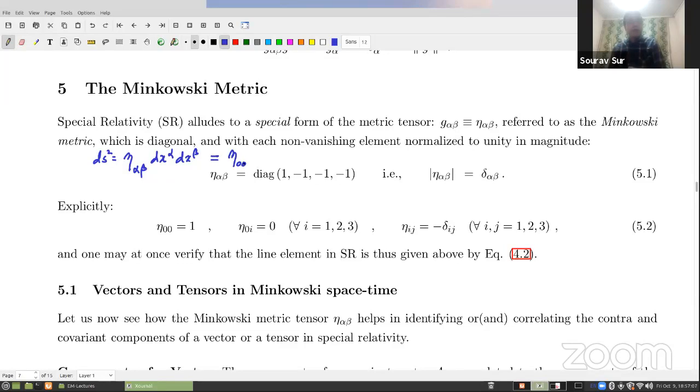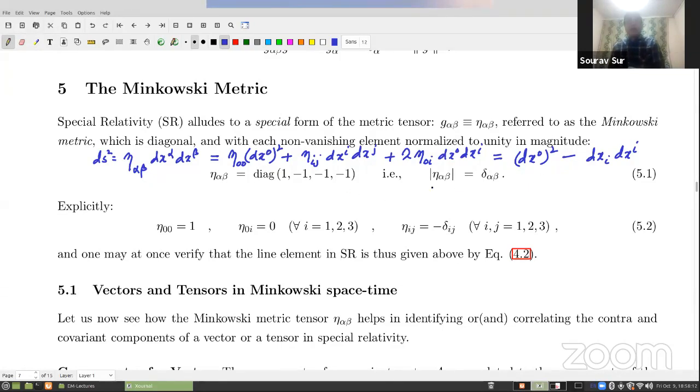So this is eta 0 0 dx 0 squared plus eta ij dxi dxj, and then twice eta 0 i dx 0 dx i. But you can see that ds squared, the Minkowski metric, is nothing but dx 0 squared minus the sum of the squares of the spatial differentials.